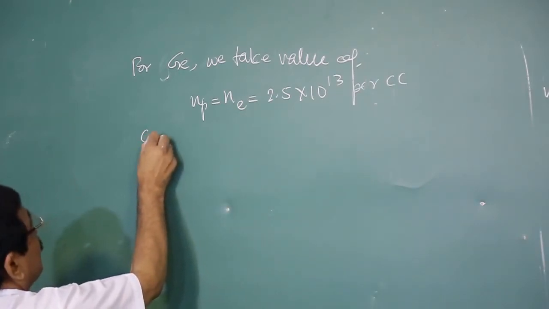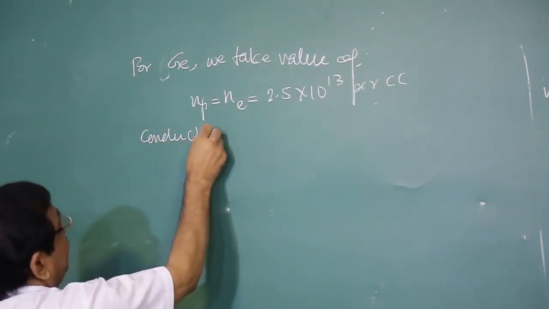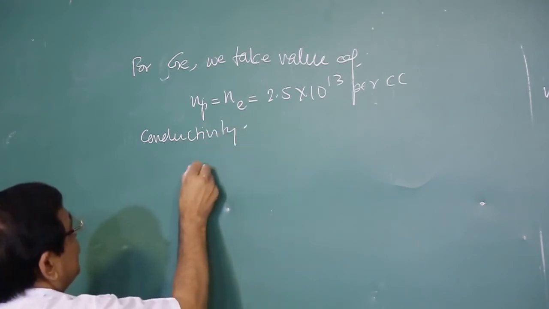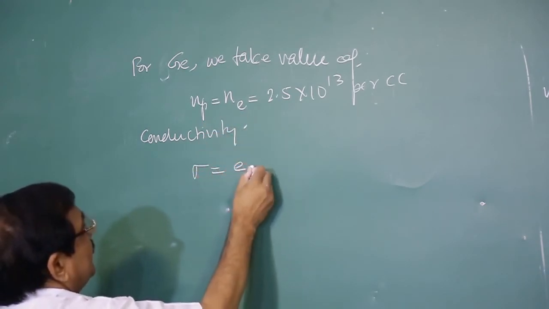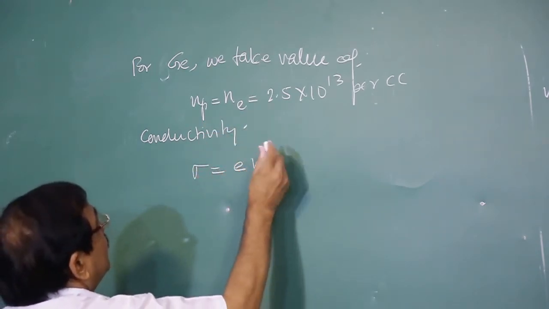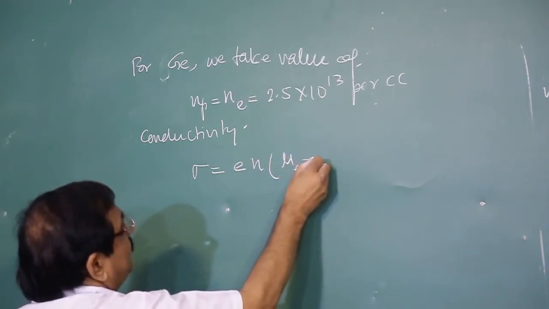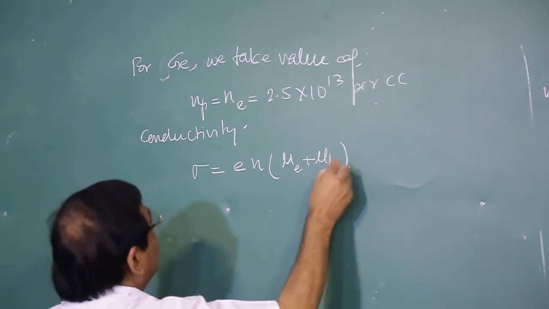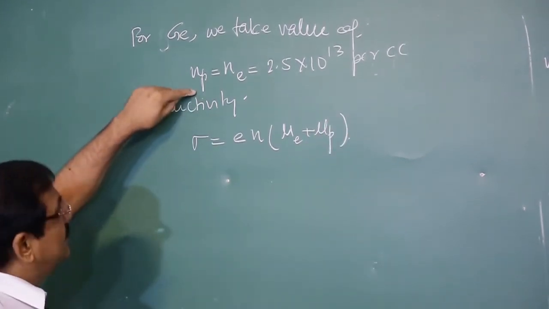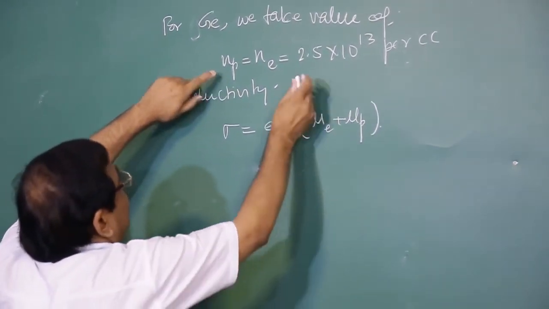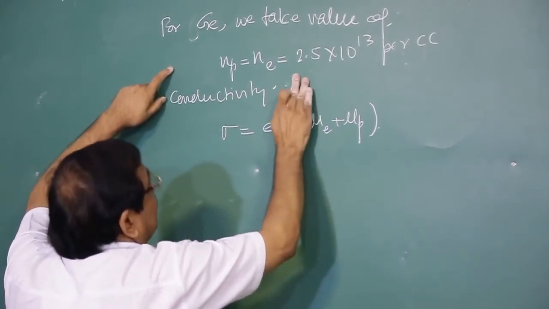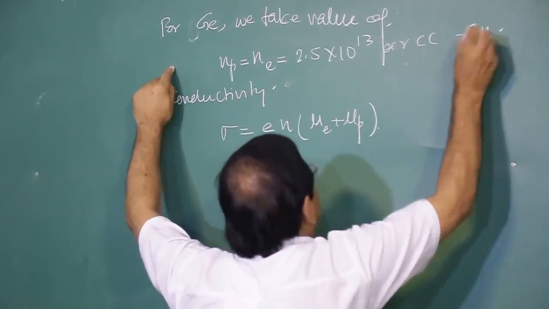So, conductivity sigma is equal to e n (mu_e plus mu_p), where this n is the carrier concentration.